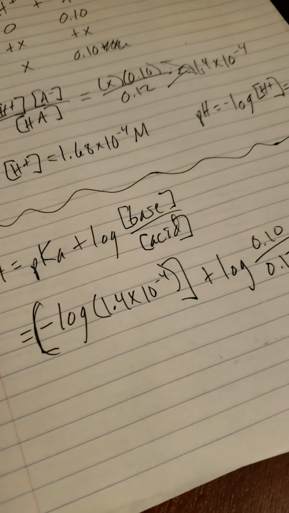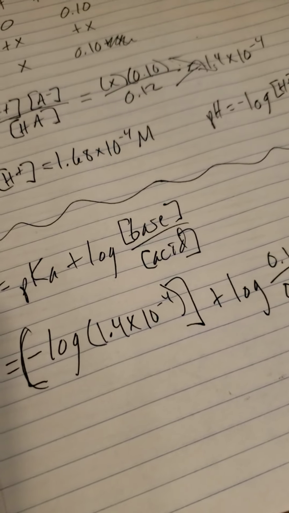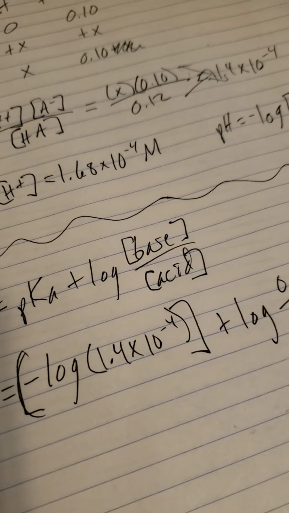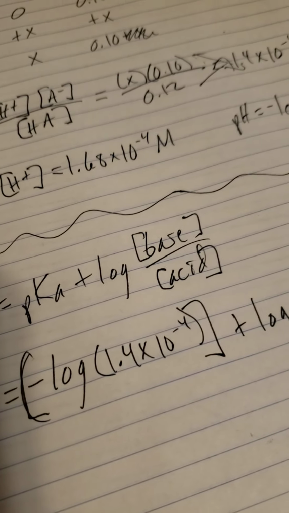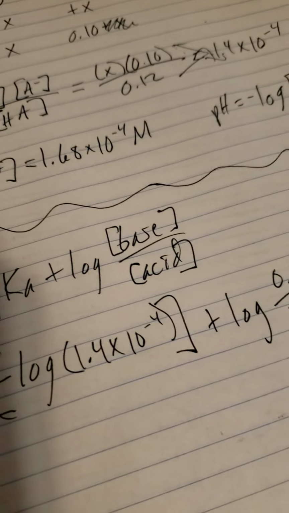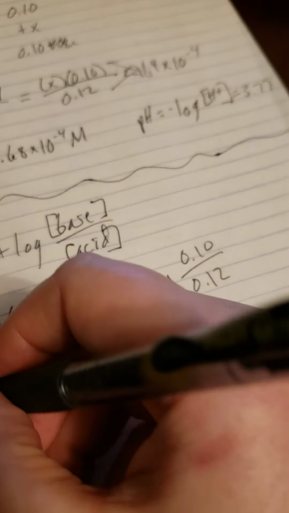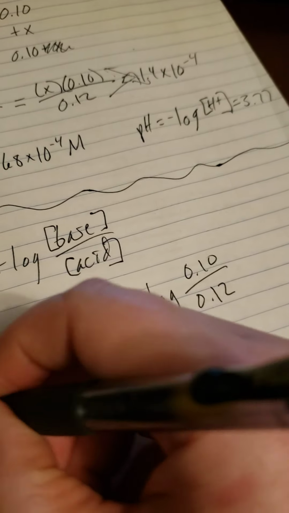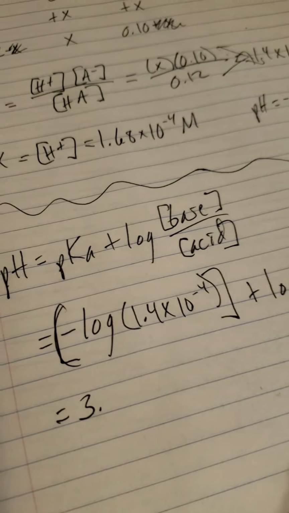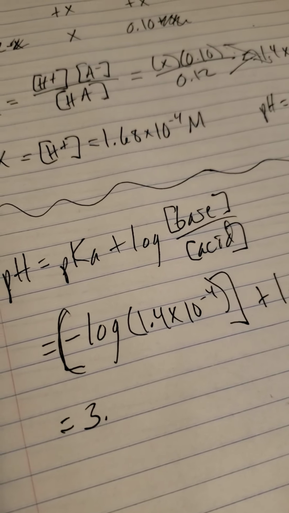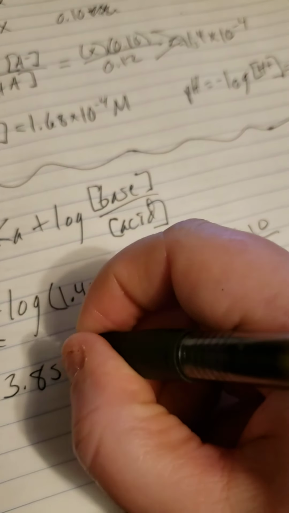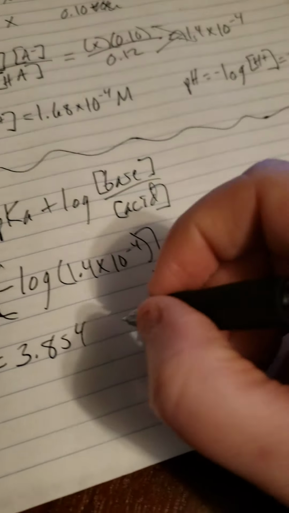You can do this in small chunks if you want to. So negative log of 1.4 e to the negative 4 is our pKa. Hold on to some extra decimal places here because you're not at the end, so don't just chop off this answer. I get 3.854. That's enough. That's an extra one.